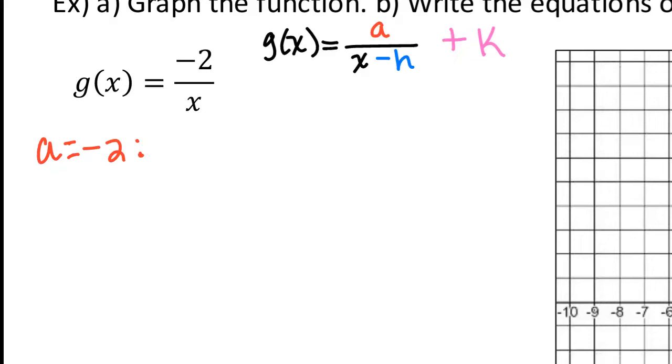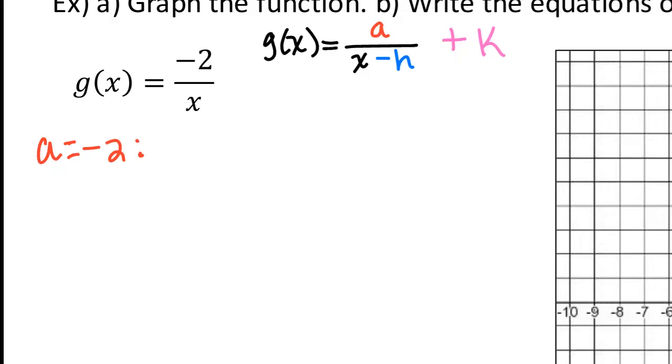Figure it out. There's two things that A tells us. Okay? All right. Volunteer to tell us what two things A tells us.